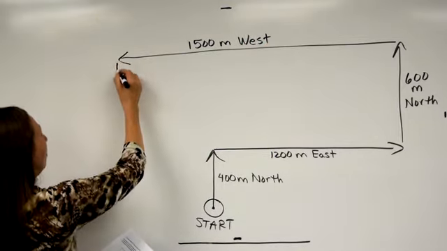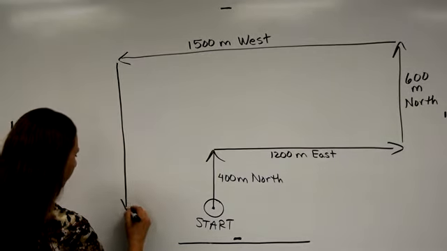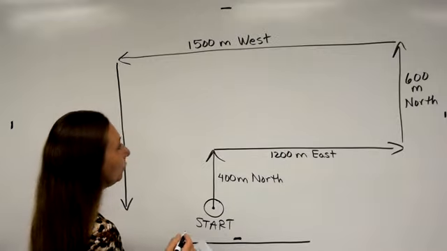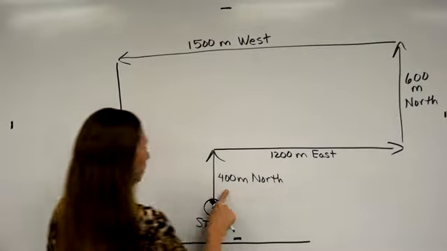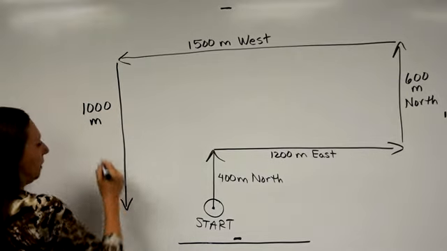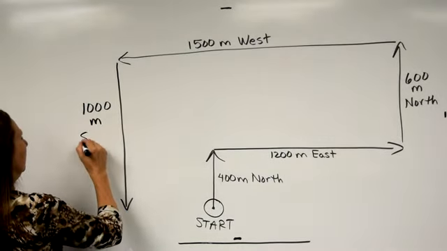She heads south down another street in her neighborhood, and that would be 600 plus 400, that would be 1,000 meters back to her block, south.